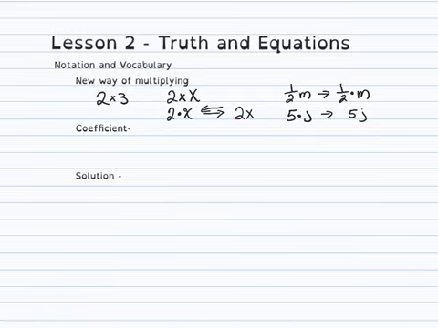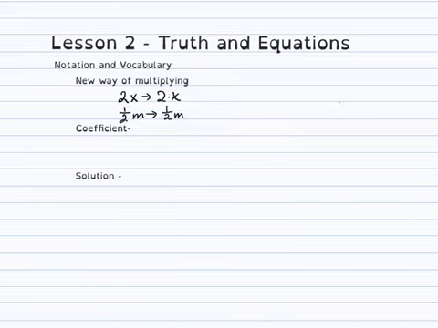Now, when we write it this way, we come up with a new term. Let's go back to our 2x. If I have 2x, where I am multiplying a number times a variable, it has to be multiplication and it has to be a number and a variable.